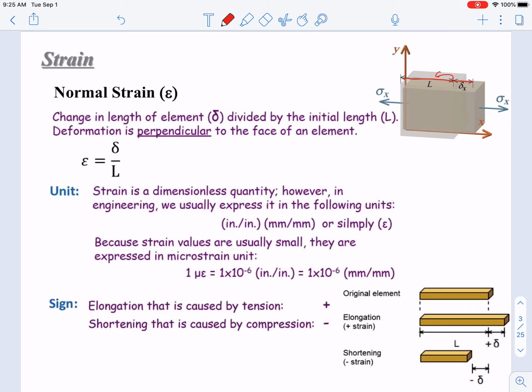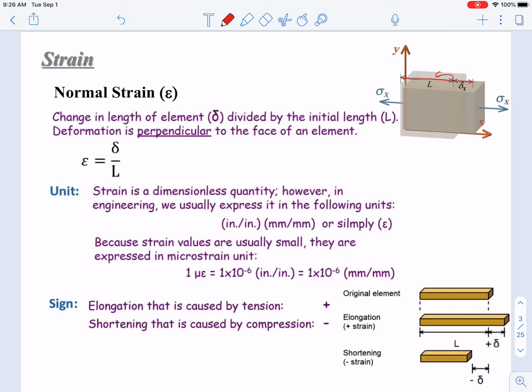When this element is in tension, then the deformation will be positive and the strain will be positive. If your element is in compression, the delta will be negative because it will become shorter. So during calculations, you should take care of the signs, positive or negative. This will affect your results.